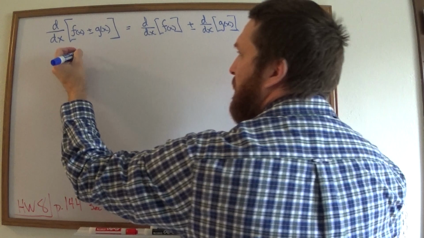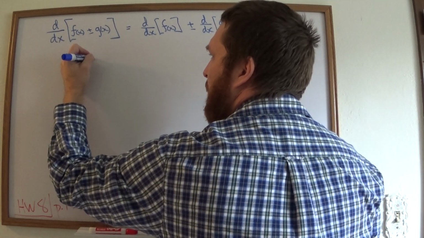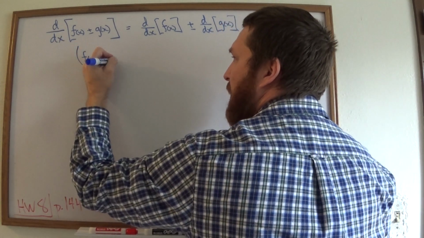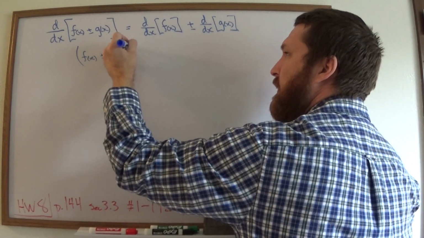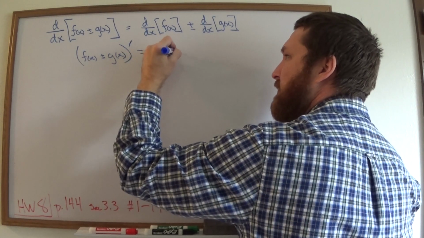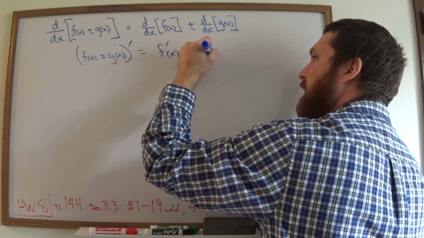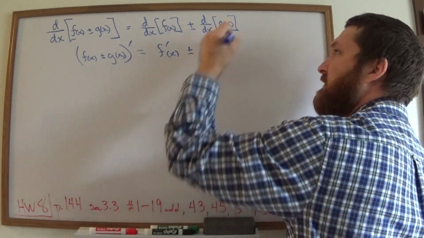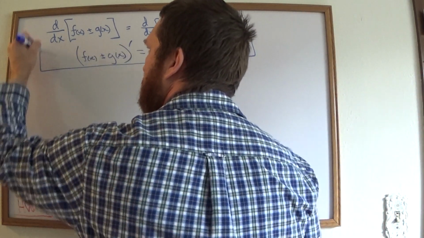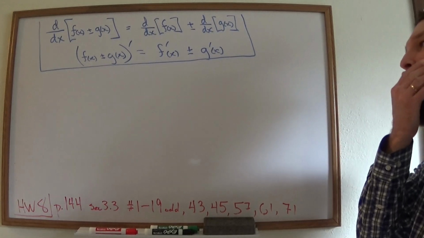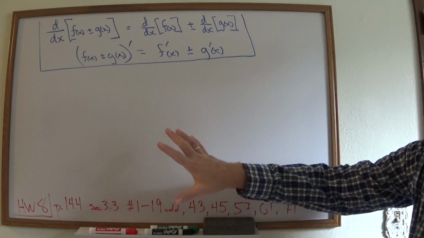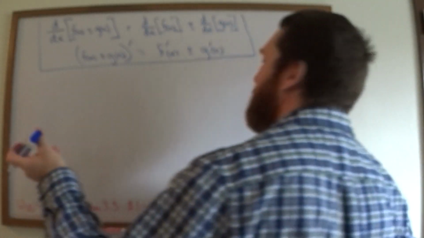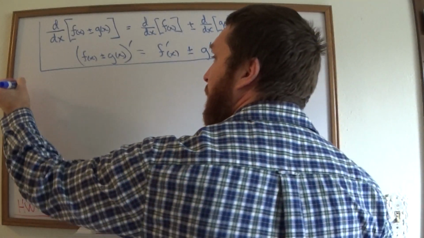Or in prime notation, if you have a function that can be written as the sum or the difference of two functions, then you just take the derivative of the first and add or subtract the derivative of the second. It's nice. Now, we're going to do the plus case. Like I said, we're not going to prove the minus case, but with the example we do, you'll see how easily we could prove it if we cared.